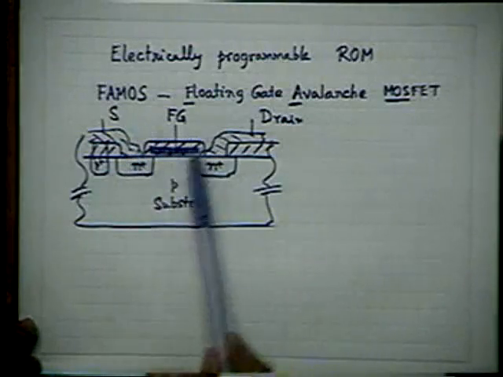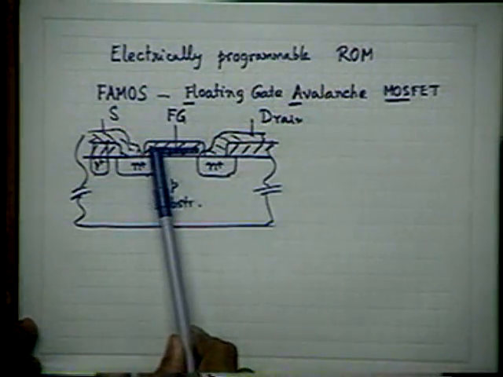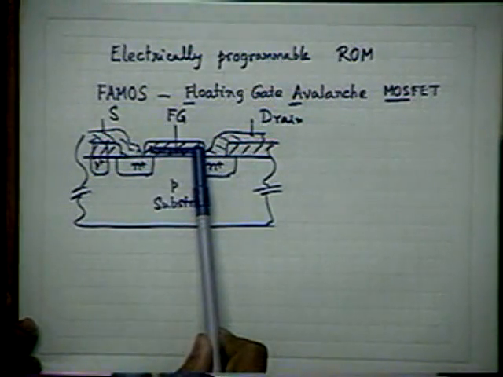Okay? Now you just see the difference between an ordinary MOSFET and this one is that the gate is totally surrounded by a very high quality dielectric. And this gate material is polysilicon, heavily doped polysilicon, N plus or P plus, variations are there.